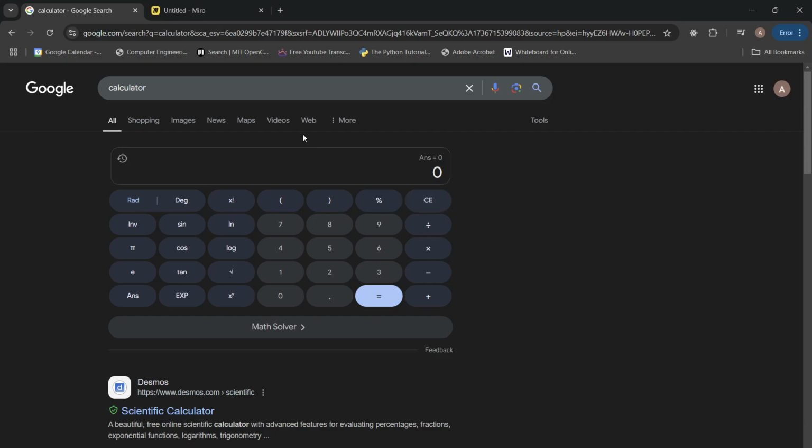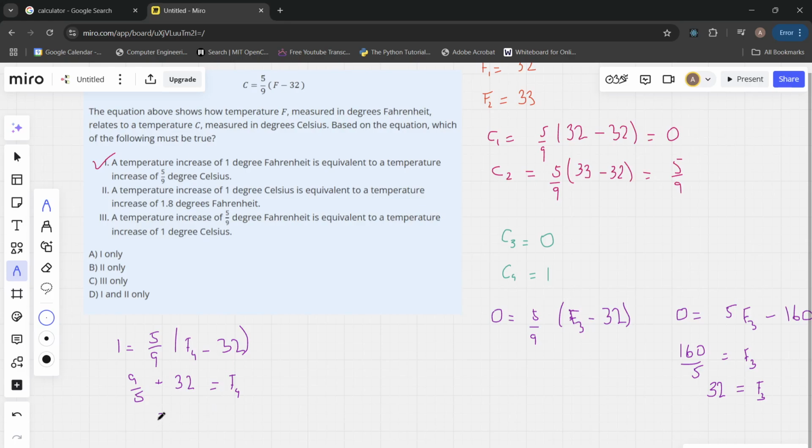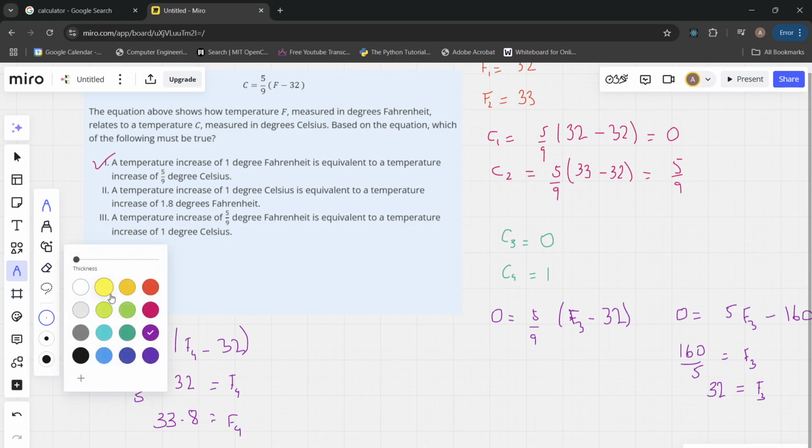And 9 over 5 is 1.8, plus 32 is 33.8. This is a calculator paper, so we can use our calculator. So 33.8 is F4, and we can see if the increase is actually 1.8 as the statement is saying.